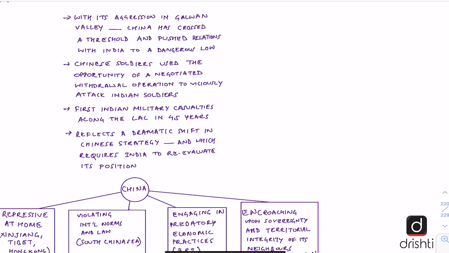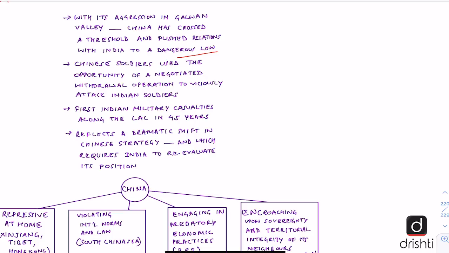In key concepts, let us look at India-China relations and what this recent border conflict holds for both India and China as far as their bilateral relations are concerned. With its aggression in the Galwan Valley, China has crossed a threshold and pushed relations with India to a dangerous low.